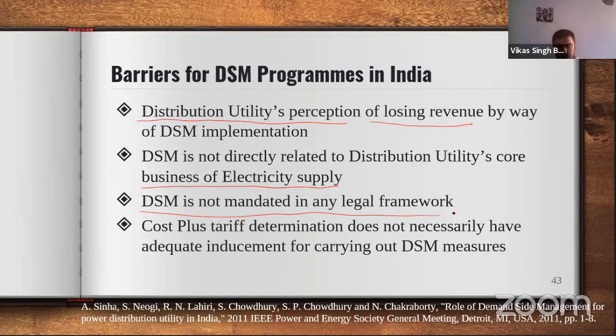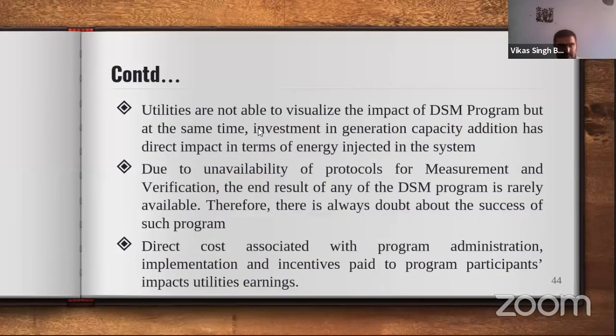This means the government should mention in guidelines that utility companies have to implement DSM programs, otherwise they will not be allowed to distribute. Also, utilities are not able to visualize the impact of DSM programs.